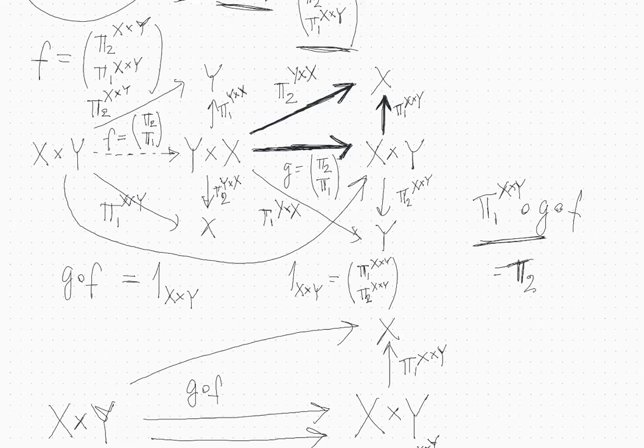And I still want to compose that with F. But we actually know what pi2 composed with F is, because pi2 is the same arrow as the one shown here. I'm making that bold as well. And as you see from the diagram, that composed with F is pi1 x cross y. It's this one.